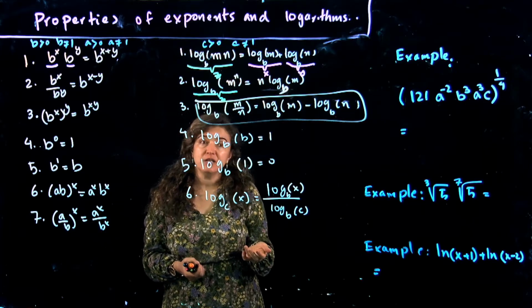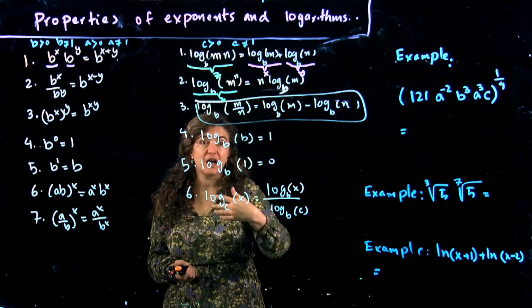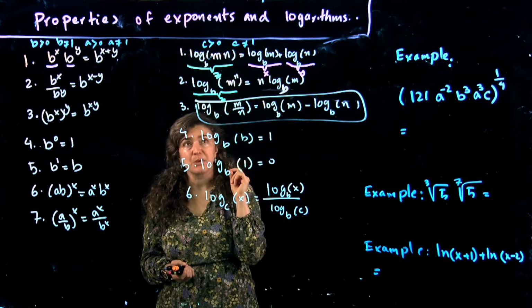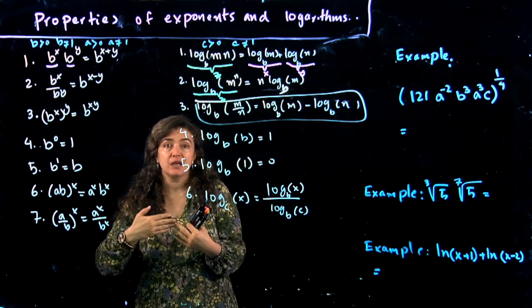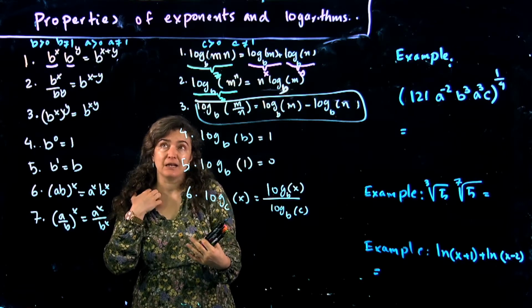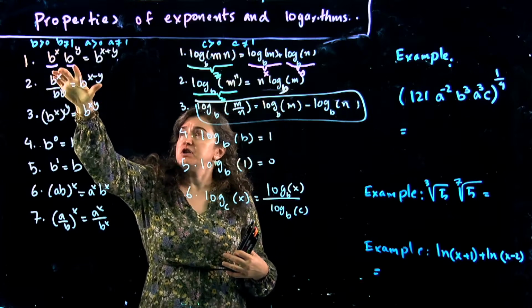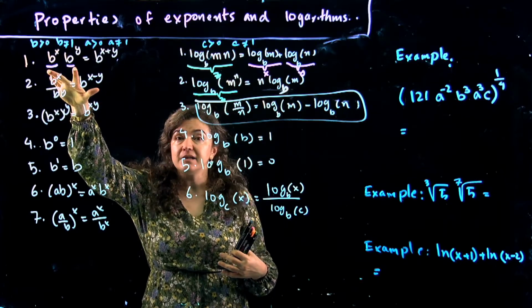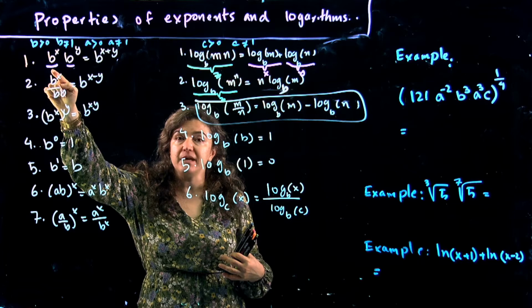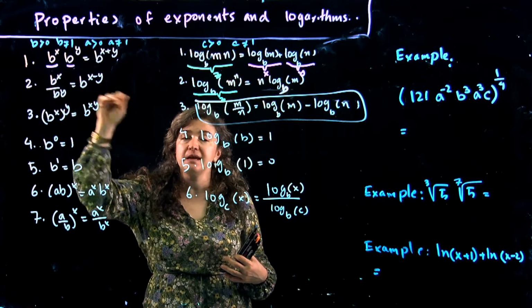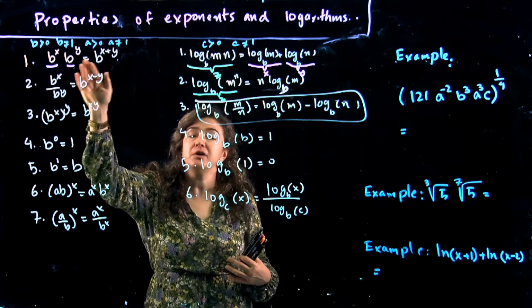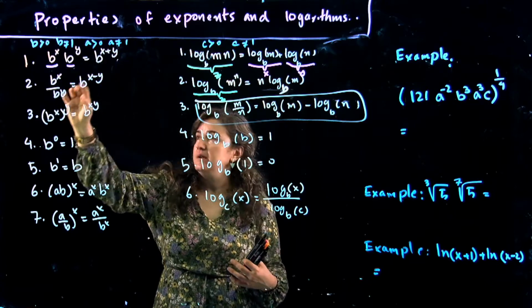For the matter of memorization, let's go through them one time and try to explain what the law or the property is using just plain English. First law is telling you that product of the same base to different powers, then powers add up.